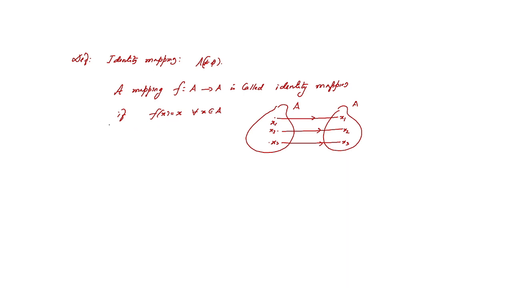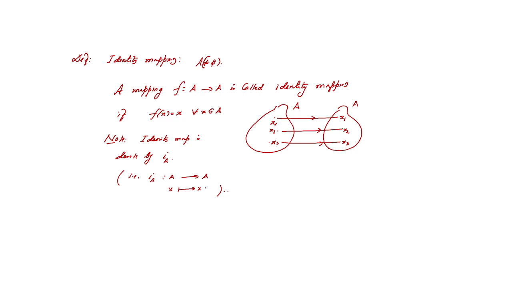The identity map is denoted by I suffix A. So that means I_A is a map from A to A, where x goes to x.